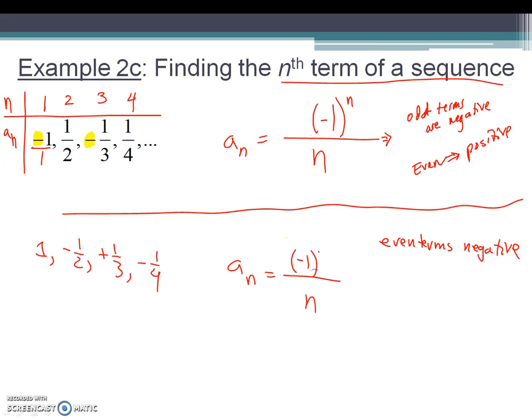You could just simply add 1 to the exponent so that when you input an odd value of n, the exponent becomes even. Or you could simply keep that the way it was and just plop a negative into the denominator. Or a negative out front would also get the job done. So this is another one of those times when just because I present to you one single solution doesn't mean it's the only one. So that is how we write the rule to generate a sequence, or the nth term.